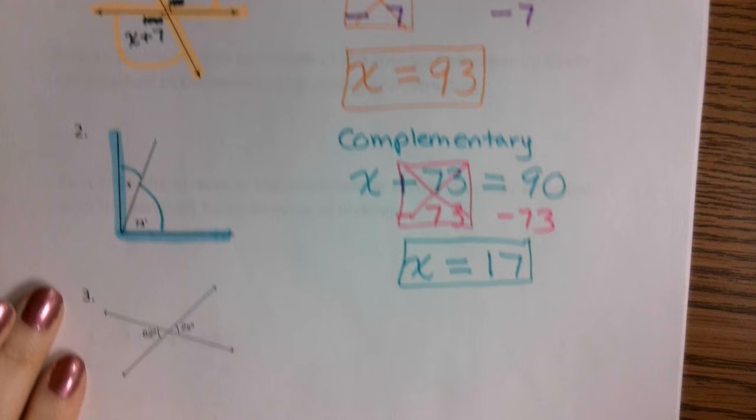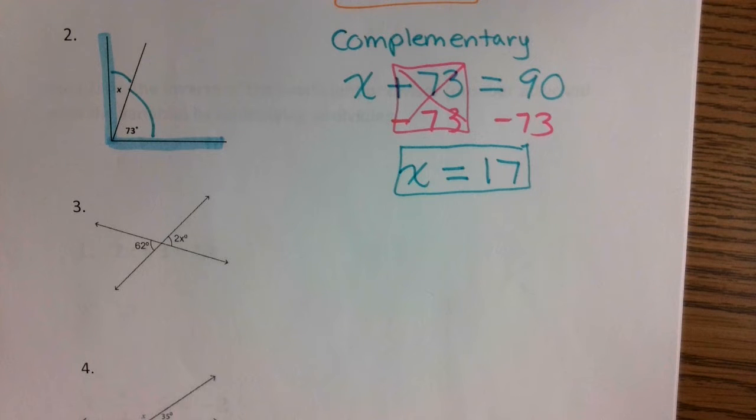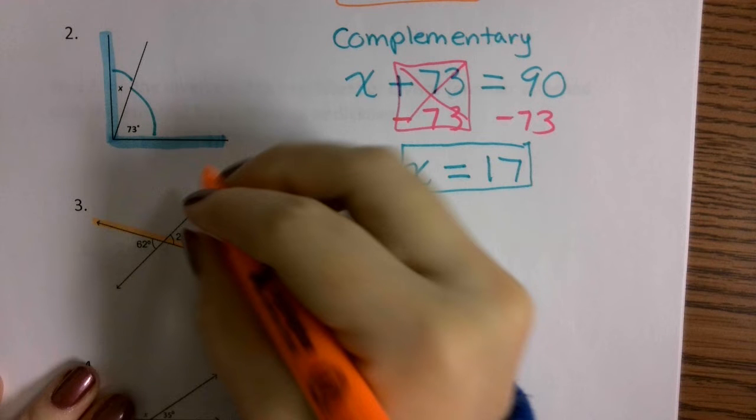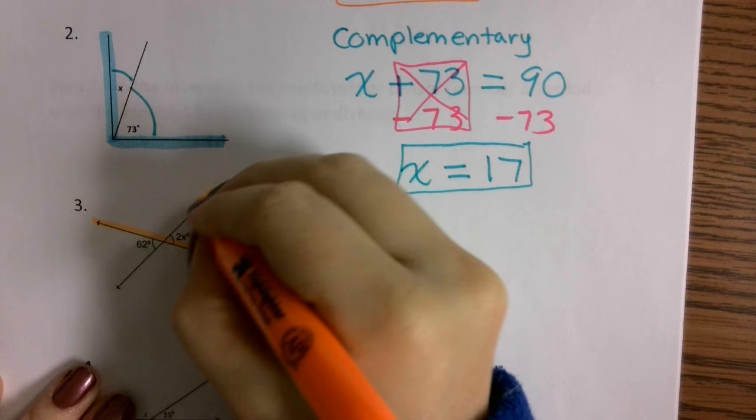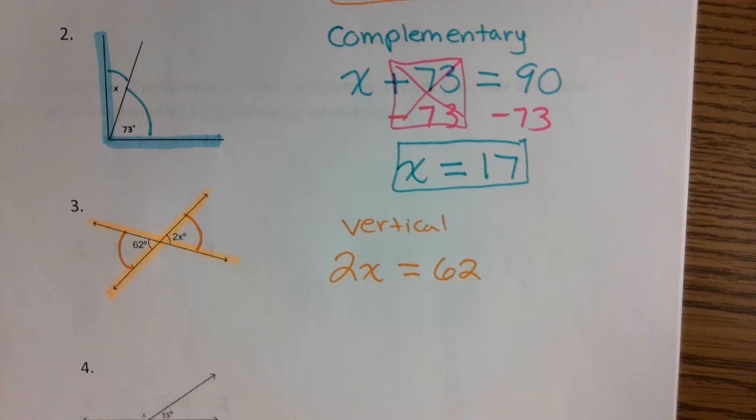All right, let's take a look at problem number 3. For problem number 3, again, we've already seen these. We already talked about it before. They are the vertical angles, right? We've got those intersecting lines, so these are vertical. That means that the measurement is going to be equal to the angle, which is 62.